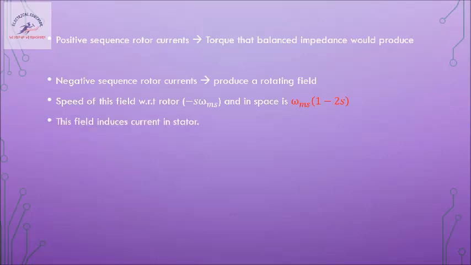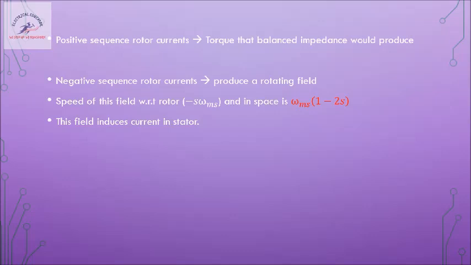Okay, so in the air gap, this negative sequence rotor current will induce a field whose speed is ω_ms into (1 − 2s). Now, whenever there is a magnetic field and a conductor placed in it, it will induce a current.